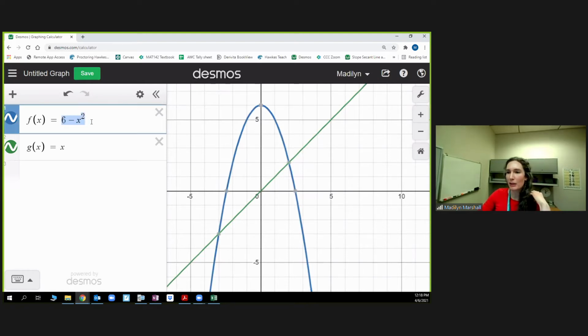Because on this parabola, 6 minus x squared, that's one of our functions, and then g of x equals x is our other function. And we can see that there is already an area bounded in here without giving x an interval on x. So if we ever encounter a problem like this that doesn't give the interval that we are integrating over, we should be able to see the bounded area on the graph.